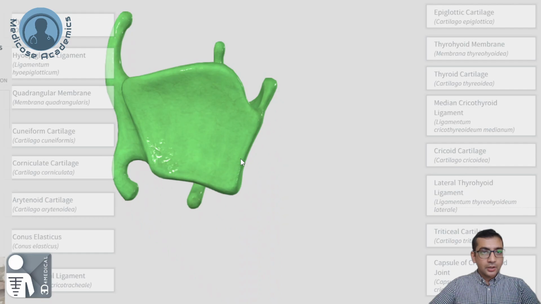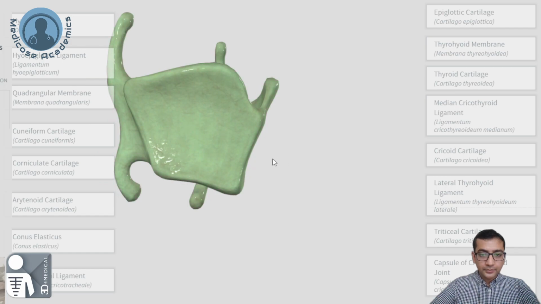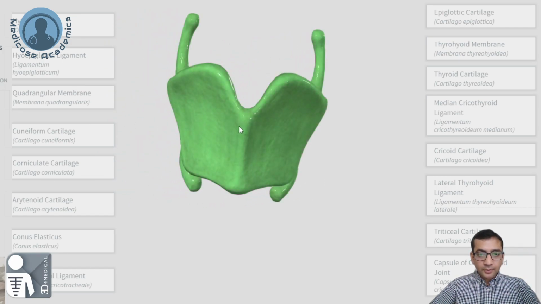On the anterior aspect, the border where the two laminae meet, this line, is known as the anterior border or median angle. On the top of the median angle, this point is known as the thyroid notch, the superior thyroid notch.